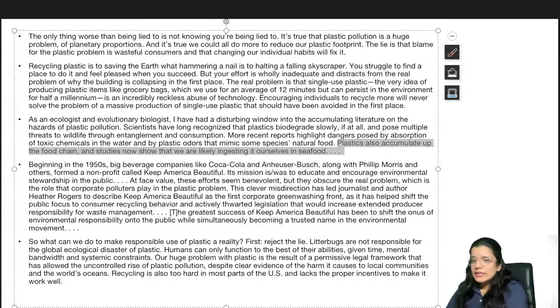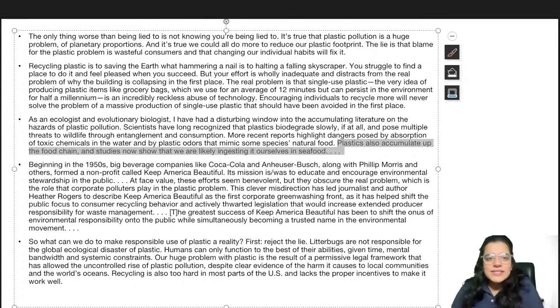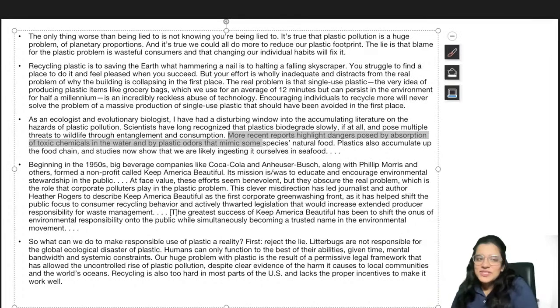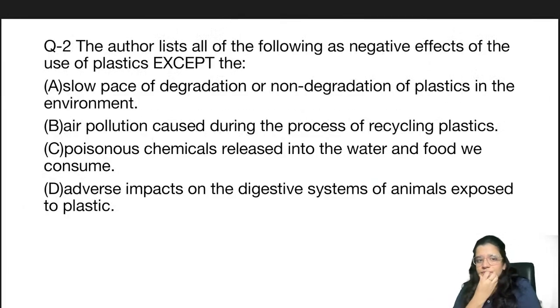So it is not directly written in the paragraph, but then they say that this plastic accumulates in the food chain, meaning it accumulates in the gut of the animals, and then we indirectly end up ingesting it ourselves in seafood, right? So D option also gets eliminated. Where are poisonous chemicals talked about? It's being talked about in just the line before the line that we just saw, in the second last line. They talk about how more recent reports highlight dangers posed by absorption of toxic chemicals in the water. So C option also goes out for the same reason, right?